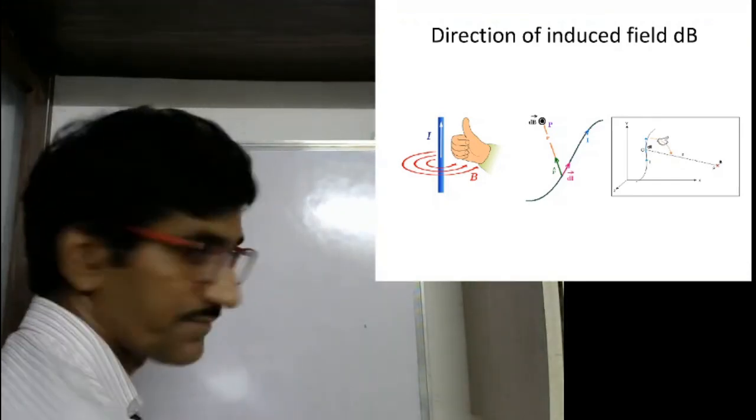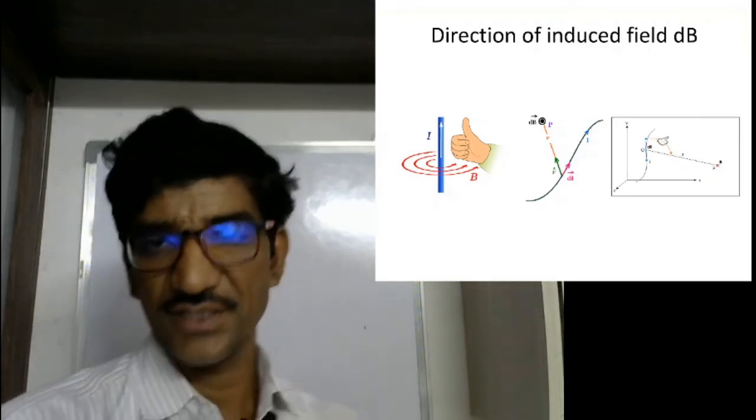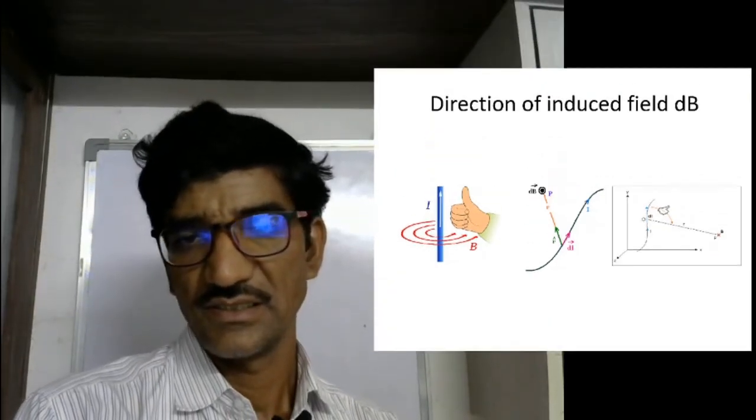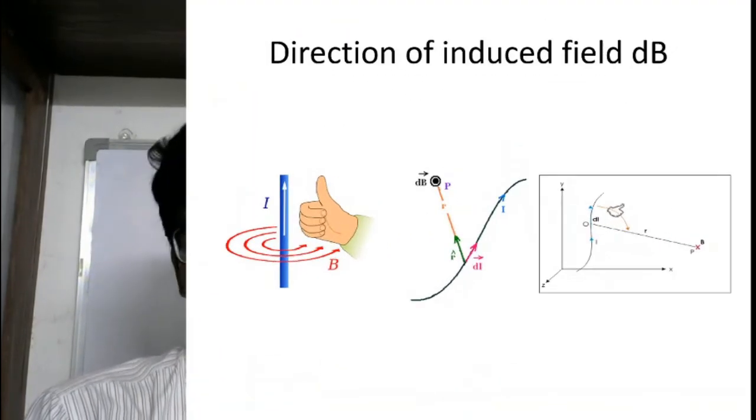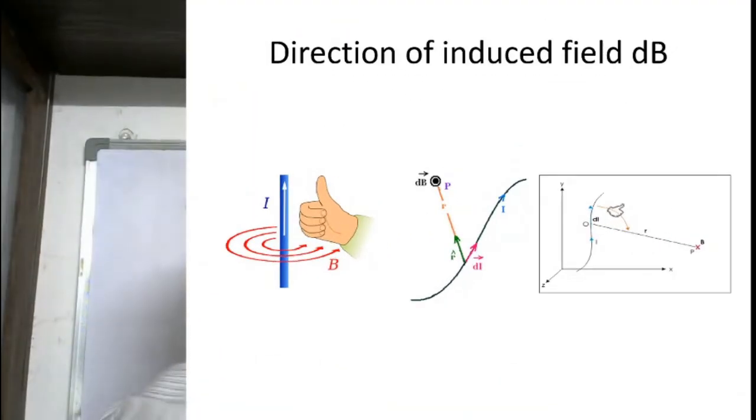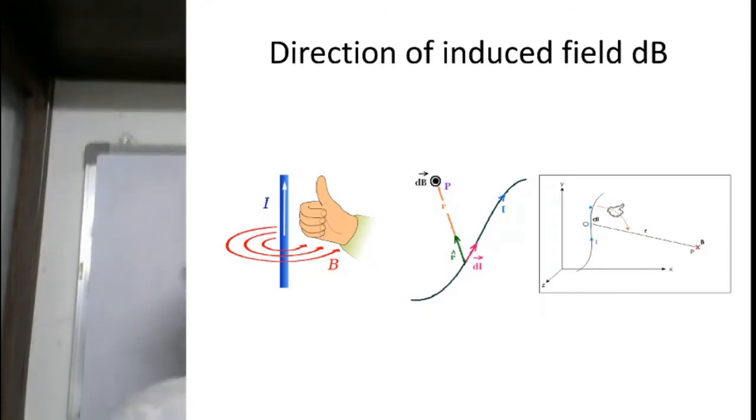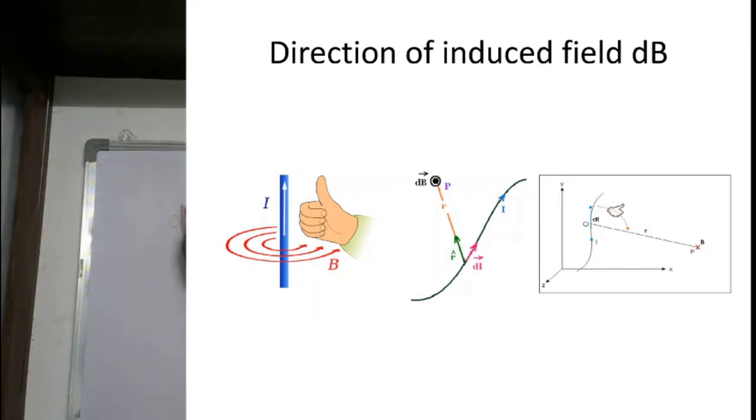Now you see this slide. As I told you, this dB is a vector. Then you get the doubt: what will be the direction of the induced magnetic field?